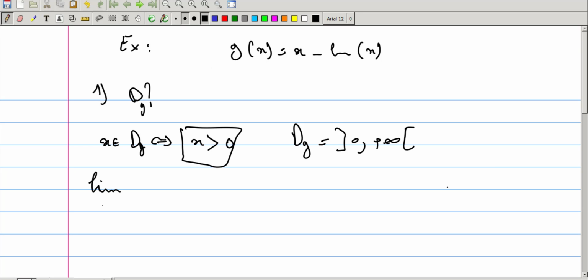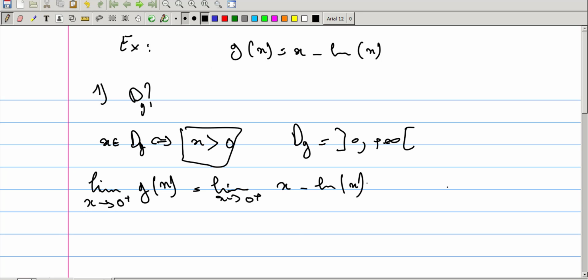The limit of g while x goes to 0 from the right equals the limit as x approaches 0 plus of x minus ln x.